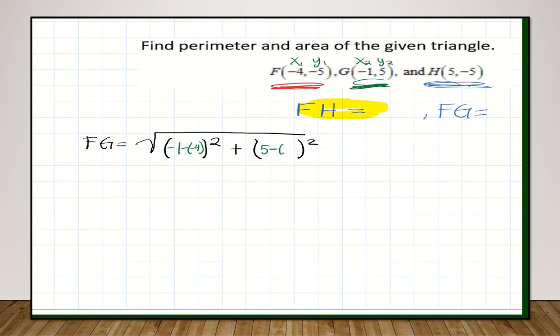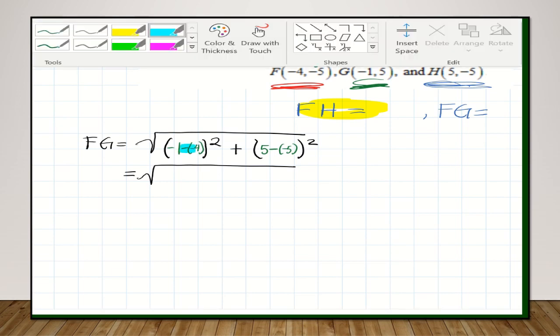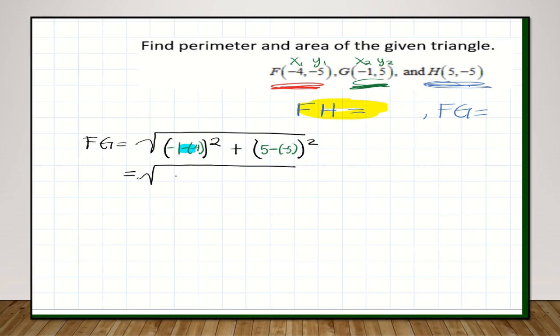So I'm going to take the difference of the x's first, which is -1 minus -4. And the y coordinates would be 5 minus -5. Remember, the formula already has a minus, so if the number that comes after is negative, you're still going to include the negative sign. So we get a double negative inside the first parentheses, so it's going to turn into addition.